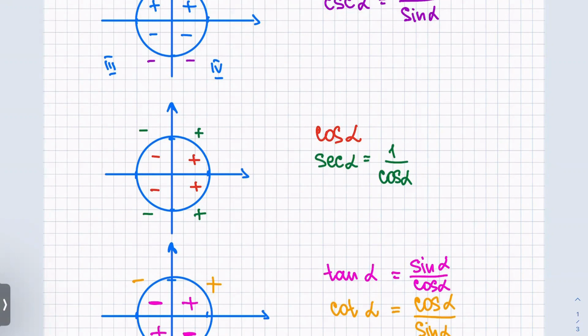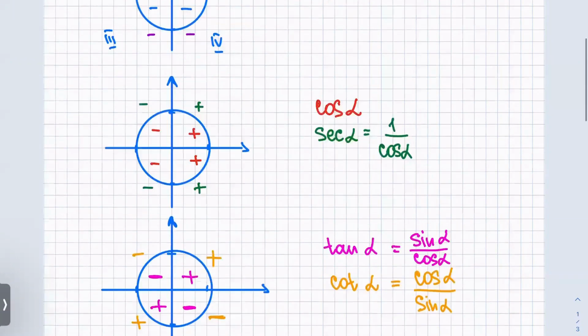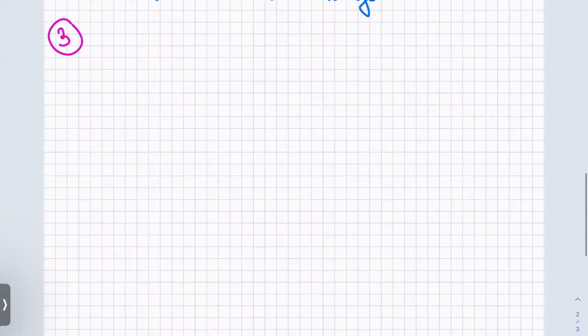I told you that if we have the angle 180 degrees or 360 degrees, the function will not change. But I'll just keep it as follows.